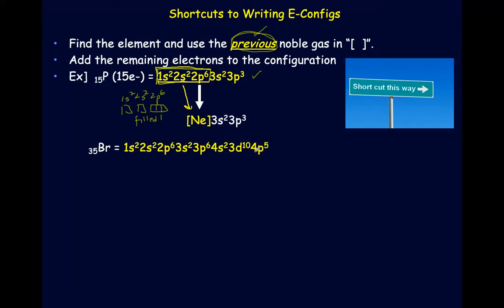If we look behind bromine, the previous noble gas in the periodic table, if you count backwards, is argon. Argon's configuration goes up to the 3p6, and since that's argon, I simply add the remaining electrons to this. That becomes the shortcut of writing a configuration.